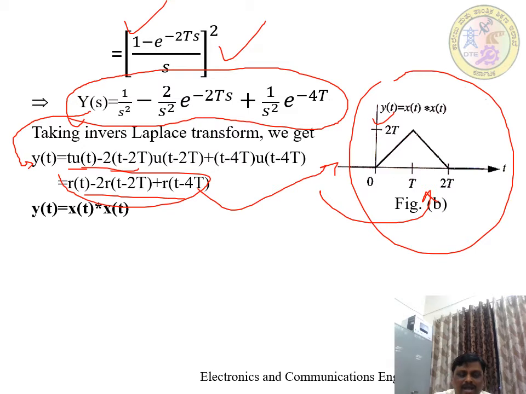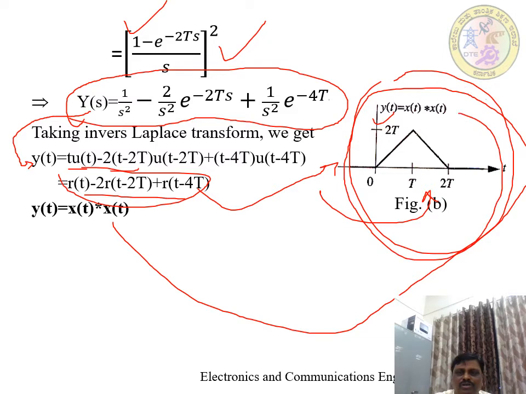Therefore, y of t is the convolution of x of t with x of t only, which is shown here. In terms of equation, y of t is equal to r of t minus 2 r of t minus 2 plus r of t minus 4.